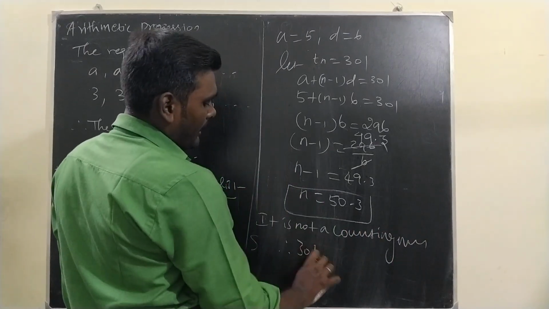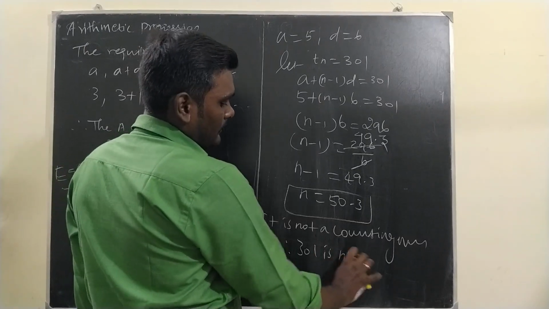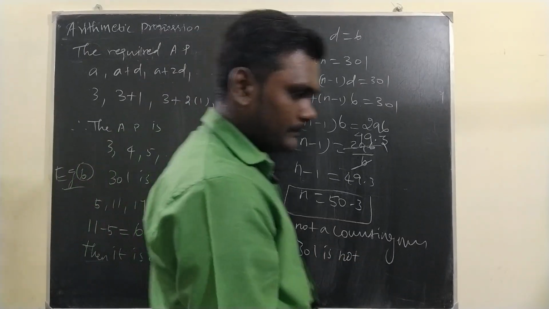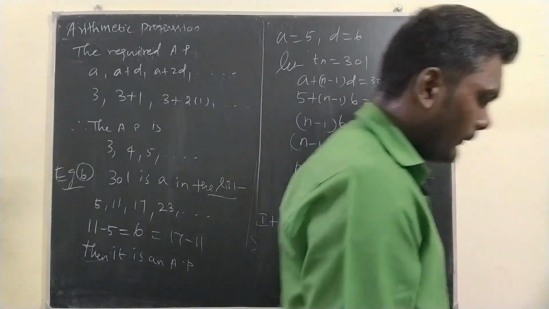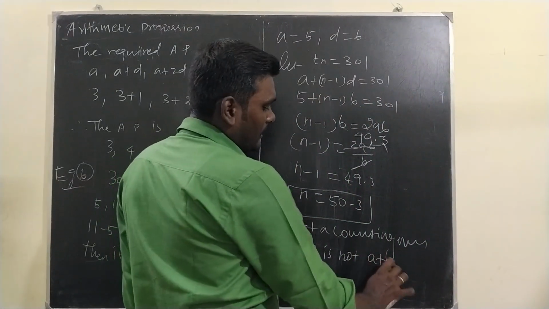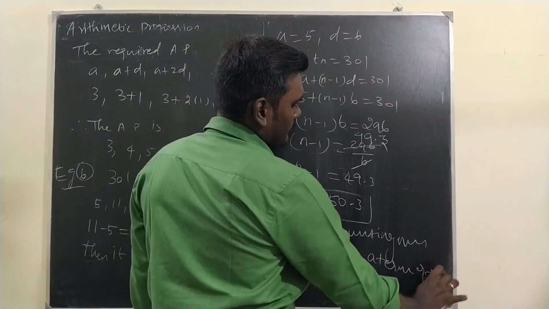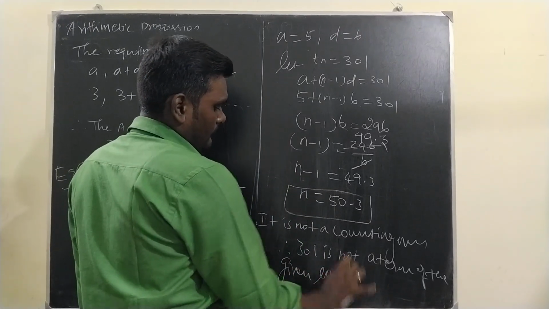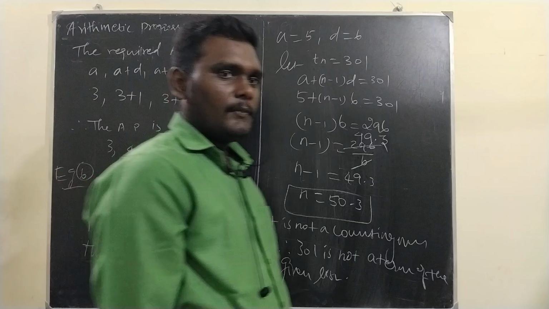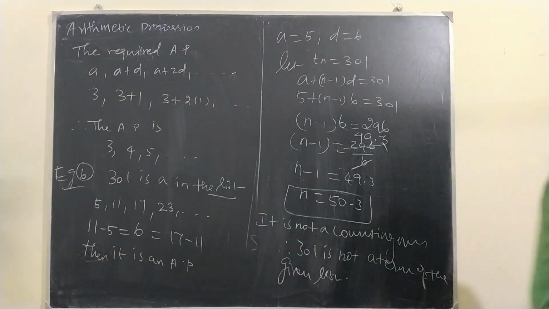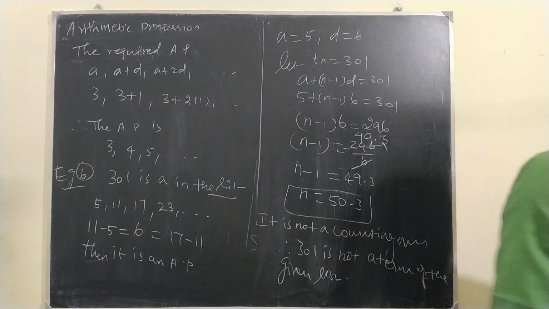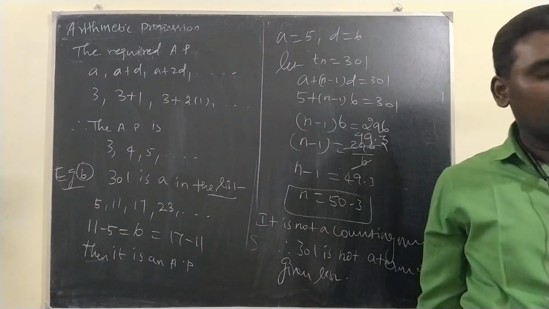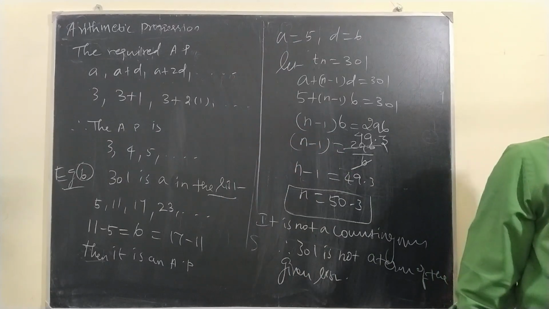Therefore 301 is not a term of the given list. Got it? Any doubts in this? These are all the major types of questions related to this exercise.